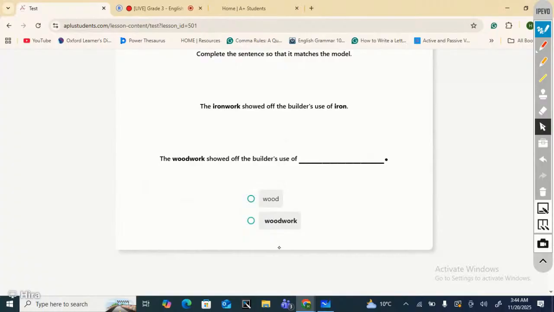Well, the ironwork and woodwork share the same suffix, as you can see, work. Ironwork showed off the builder's use of iron, and woodwork showed off the builder's use of wood. Yes, it's correct.